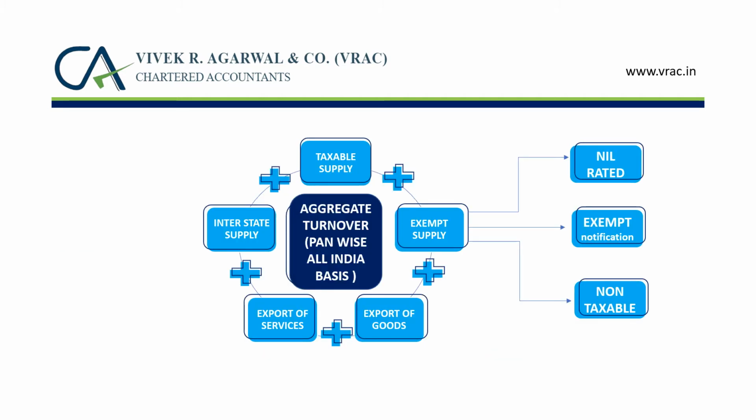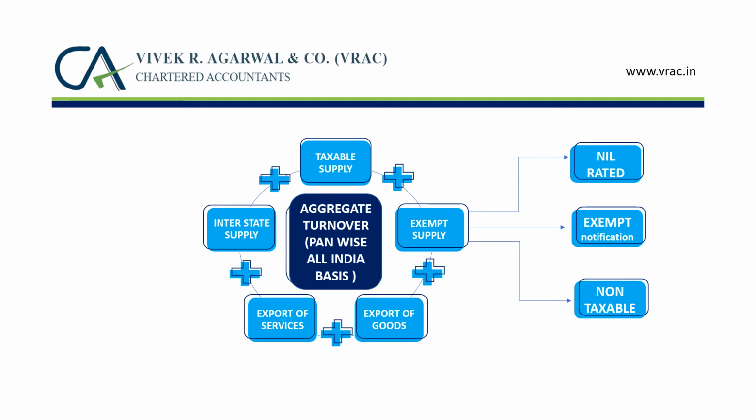It is very important to understand that aggregate turnover is computed PAN-wise, on all India basis. Thus, taxable supply, including interstate supply, exempt supply, export of goods, and export of services, are to be computed PAN-wise, on all India basis. Let us understand this with an example.